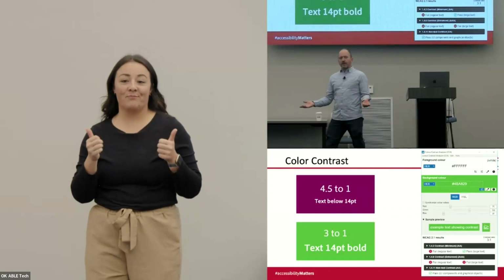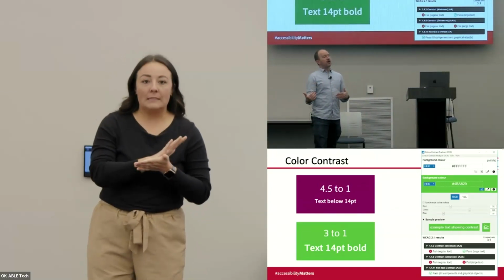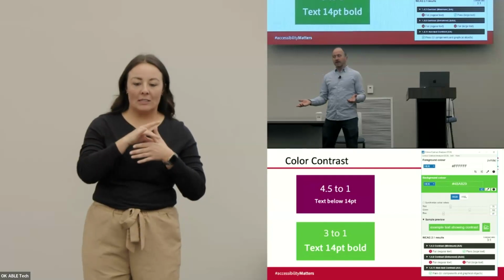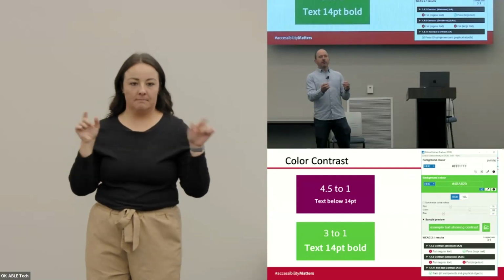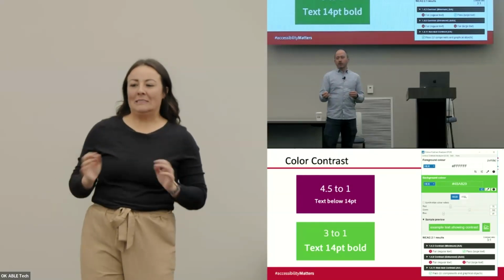One of the key things we want to keep in mind as we're building our documents is making sure that our content has sufficient color contrast. Okay. I consider this a super low-hanging fruit. This does not require a lot of effort on your part.